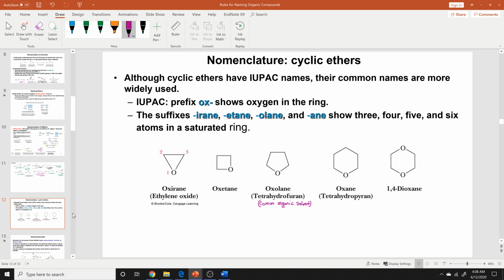In this case, if it's irane, so oxirane, irane means 3 atoms. For ethane, it's going to be 4 atoms. And for olane, it's going to be 5 atoms. And as you go, this is 6 atoms in there.